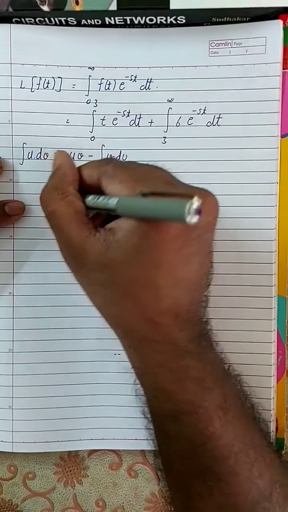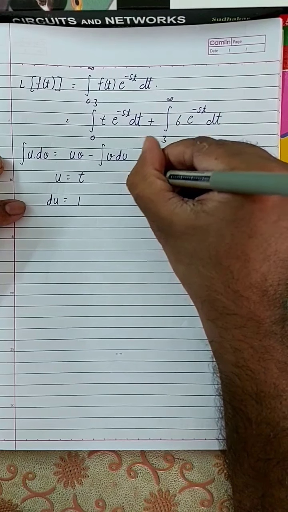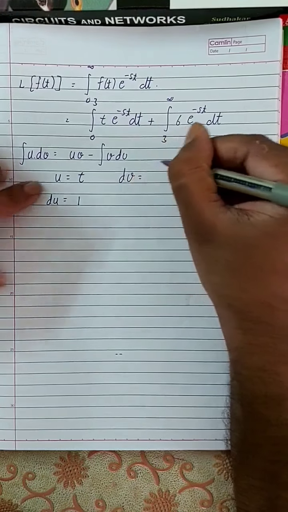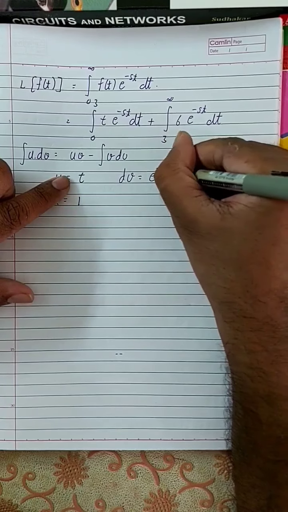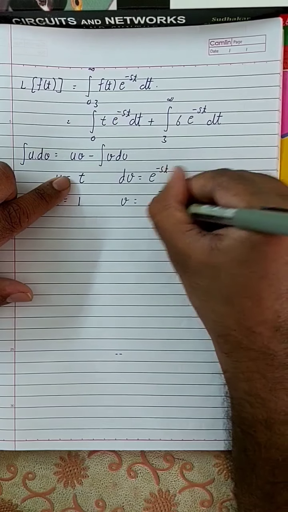In that case, du is 1, and dv is e raised to minus st. Then v is equal to e raised to minus st by minus s.